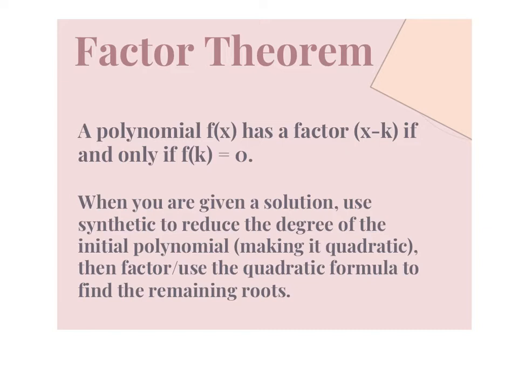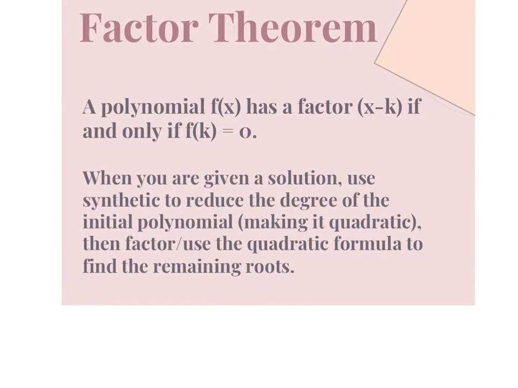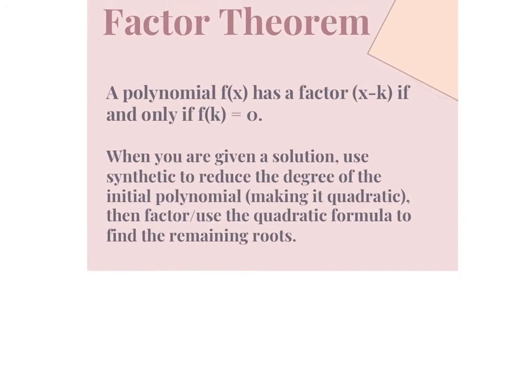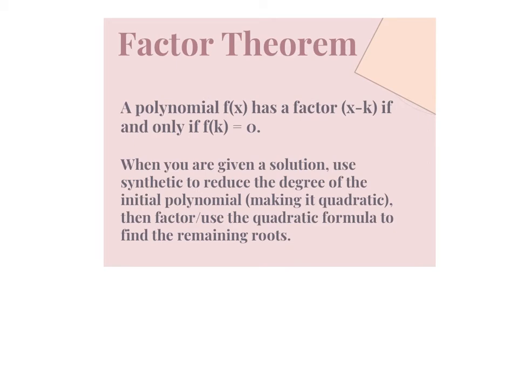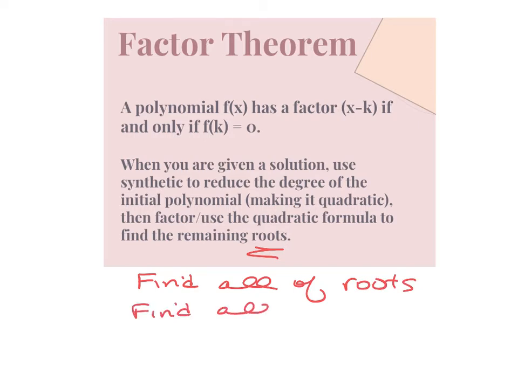now the challenge here is when you're given questions using this factor theorem, the questions could be asked with different words. So for example, the question could say, find all of the roots, which is right here. Or it could say, find all of the zeros.